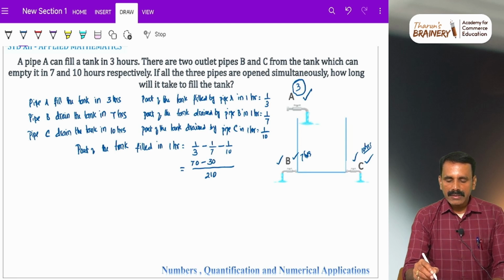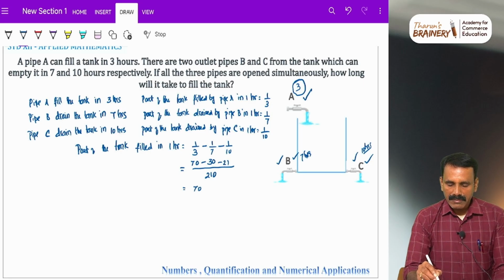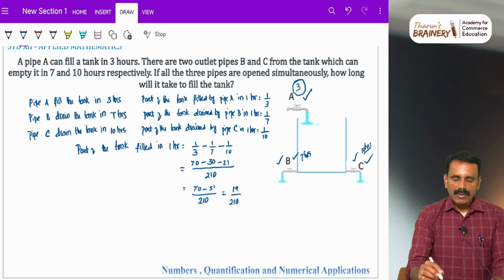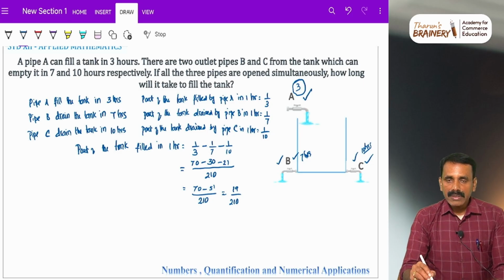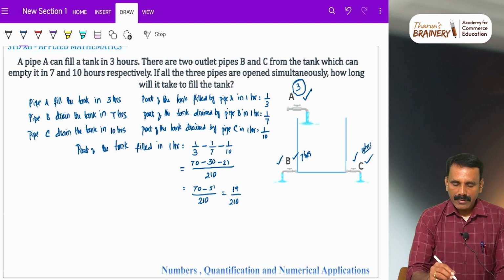And in 210, 10 will go 21 times, so we multiply with 21 in the numerator. So, this is 70 minus 51 divided by 210, which is equal to 19/210 part. So, in 1 hour, 19/210 part of the tank will be filled by these operations.